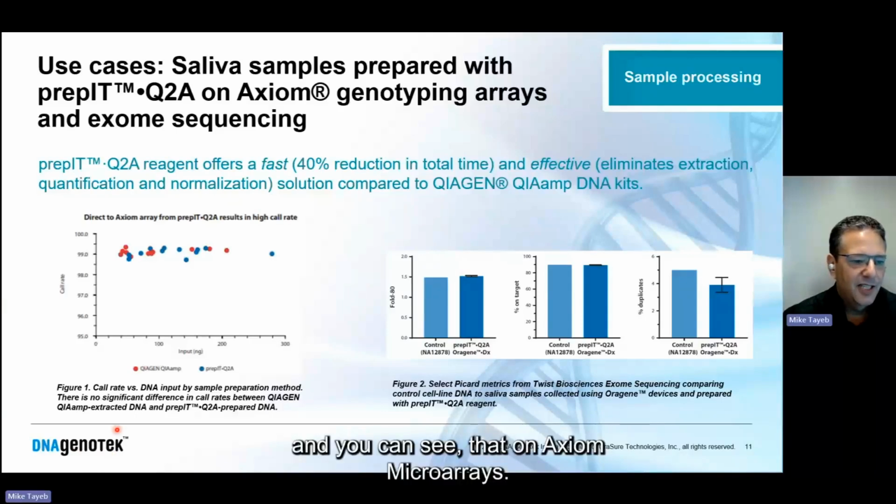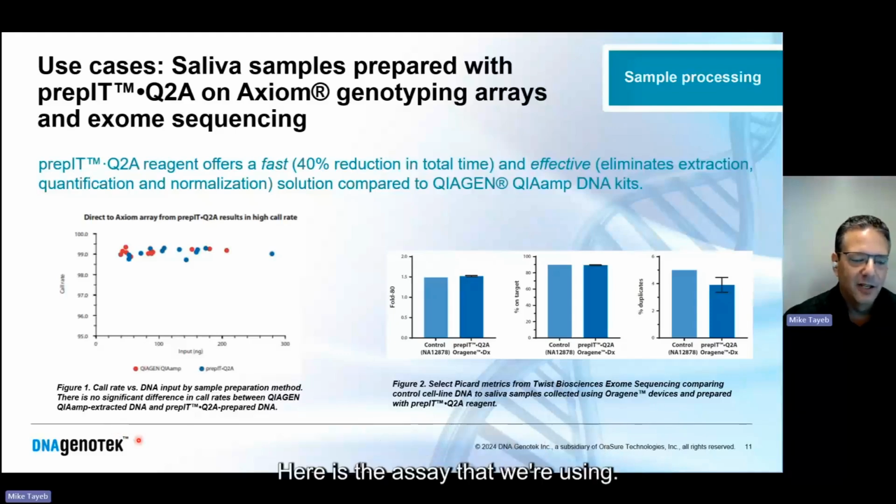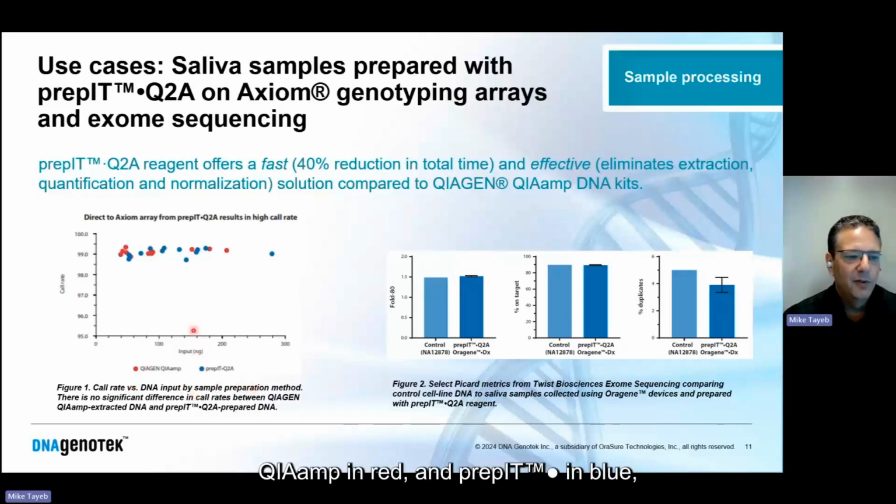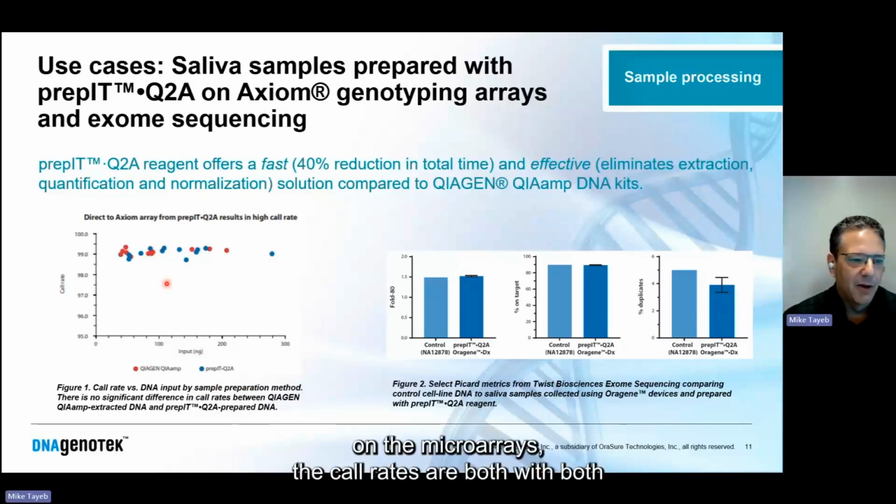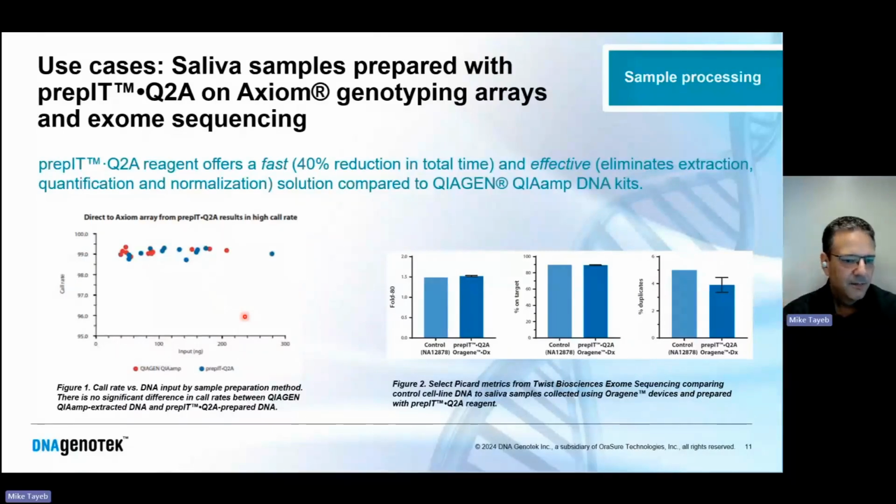You can see the Axiom microarray is the assay that we're using. DNA extracted with QIAGEN QIAamp in red and PrepIt Q2A in blue performs exactly the same on the microarrays. The call rates with both methods are sitting around 99%.